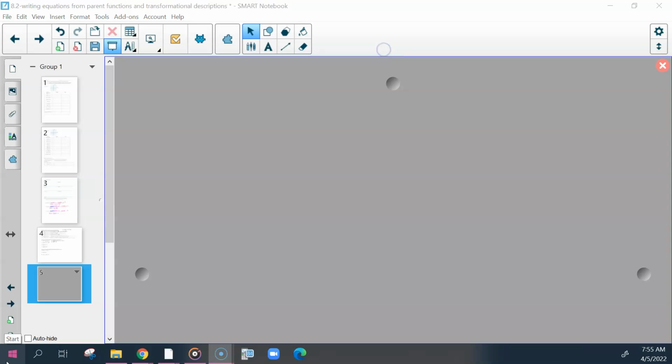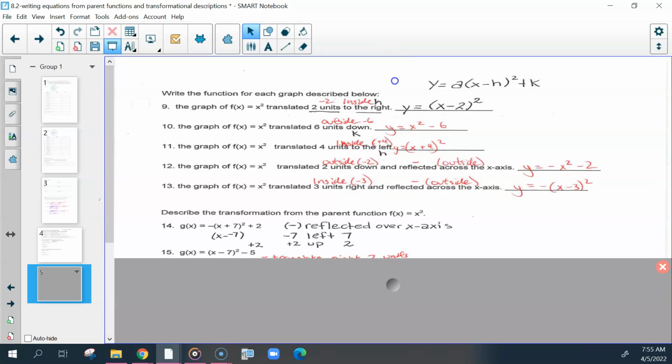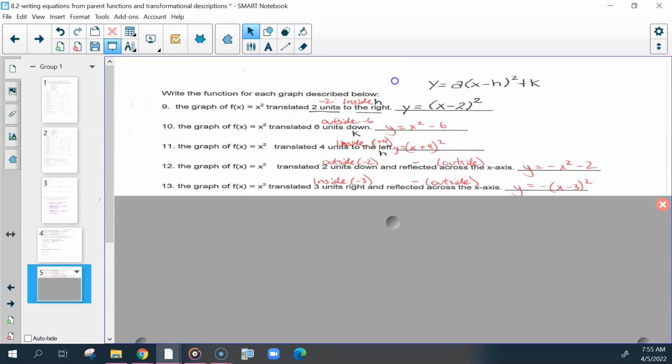Do hold on to this because the bottom part we'll be using for another lesson. But I'm just going to talk through each one. Let me know if you have questions on any of them.